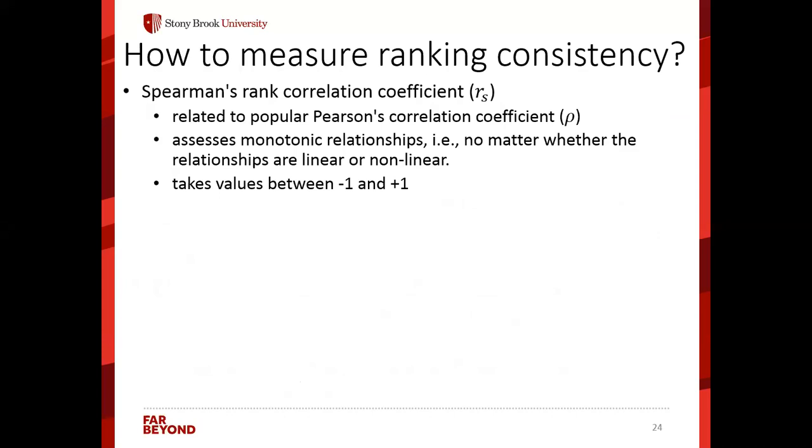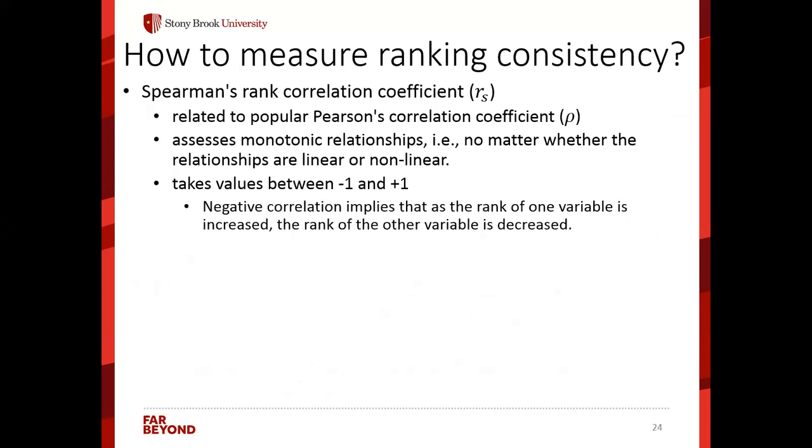It takes values between -1 and +1, something like elasticity from economics. The sign tells you the direction of change, and closer to 1 or -1 means high correlation, but negative correlation implies that as the rank of one variable increases, the rank of the other decreases. So -1 and +1 show perfect correlation between the two, just in opposite directions.